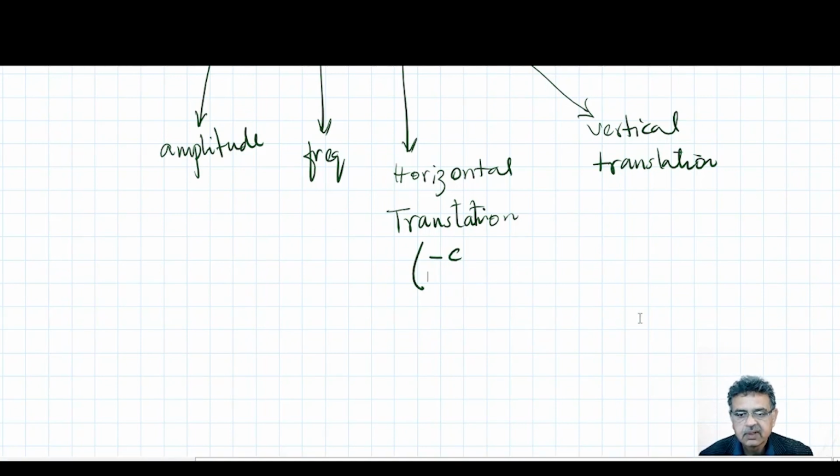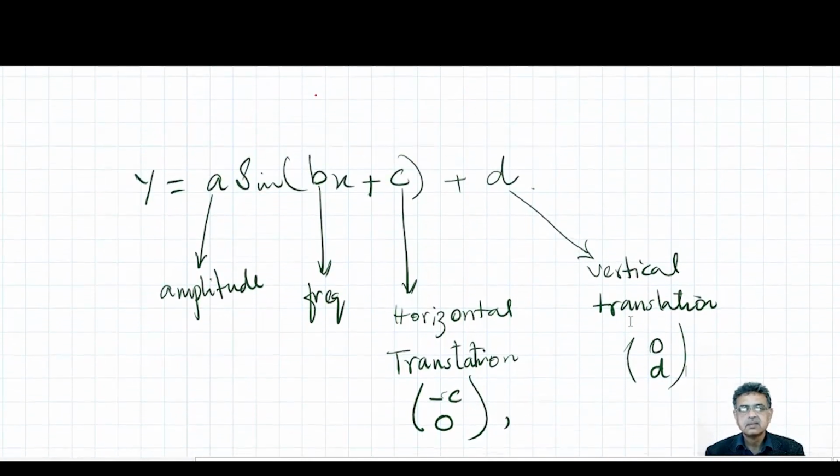You know, we have already discussed in the topic of functions that the translation is opposite to the sign. And D is vertical, so this is 0, D as its translation, vertical translation.